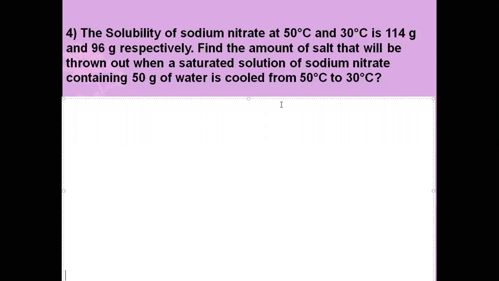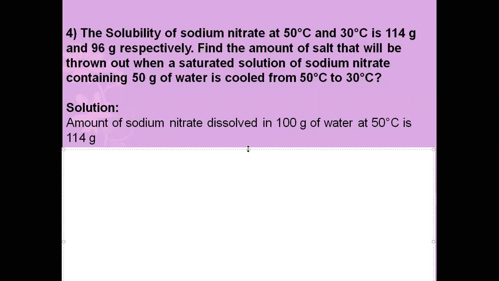Okay, so first the same formula: solubility of the solute equals mass of the solute divided by mass of the solvent into 100. So in the solution, what is given in the question? The amount of sodium nitrate dissolved in 100 gram of water at 50 degrees Celsius is 114 gram.